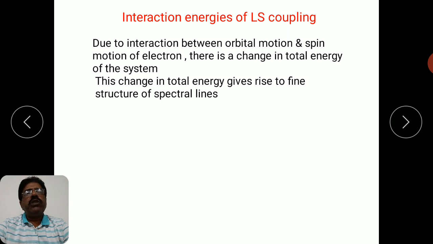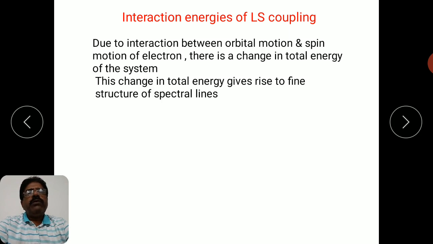So there is an interaction between the spin motion and the orbital motion of that electron, that is, between the orbital momentum and spin momentum of the one valence electron, and that results in a change in total energy of the system, which results in a fine structure.